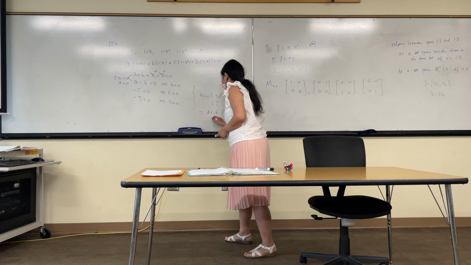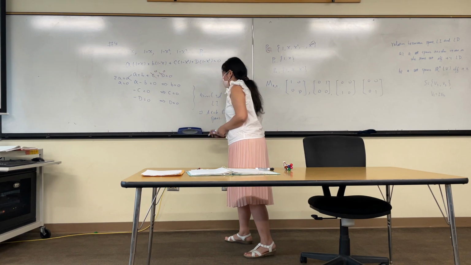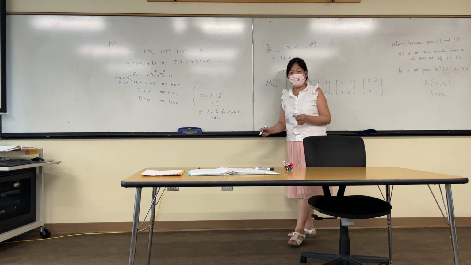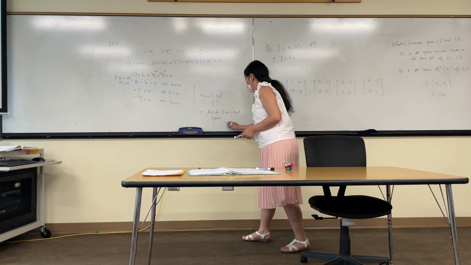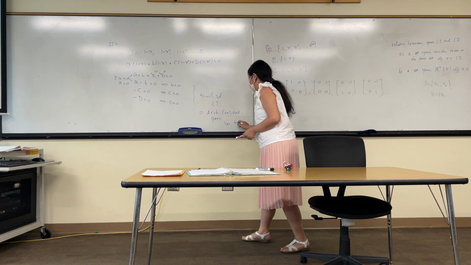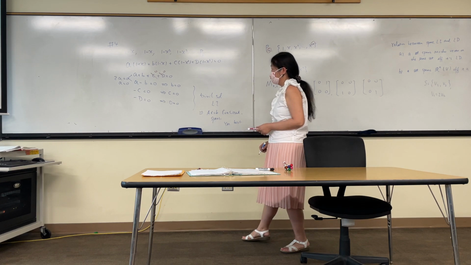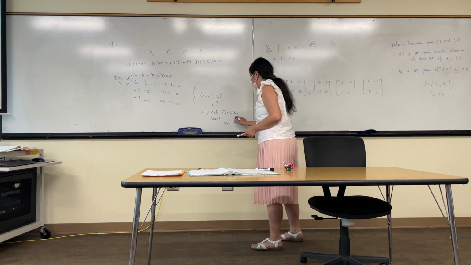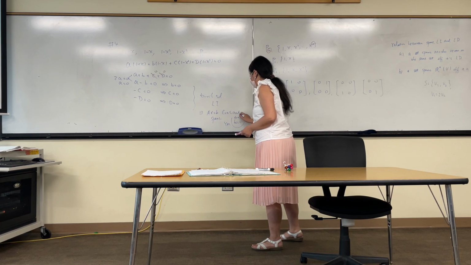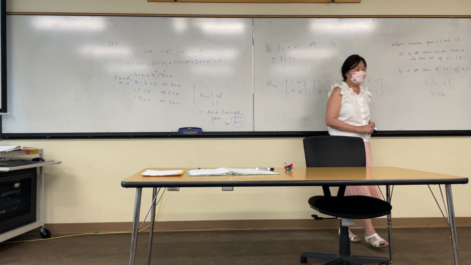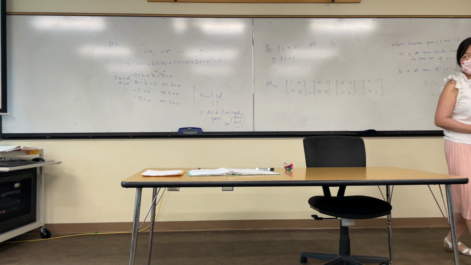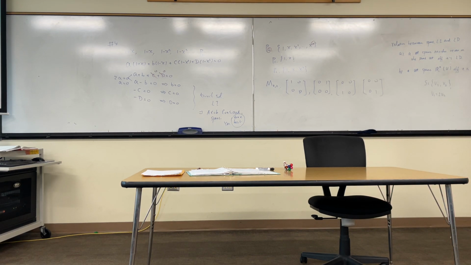So that makes it span. Therefore, yes, the answer is yes, they form a basis. So the answer is yes, form a basis, okay? That makes sense to you guys?